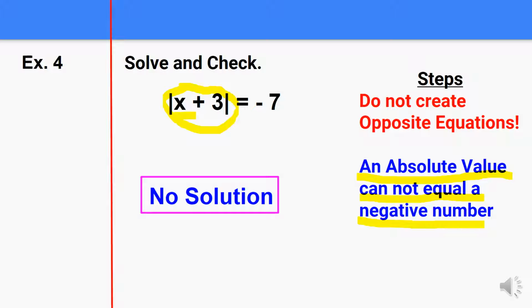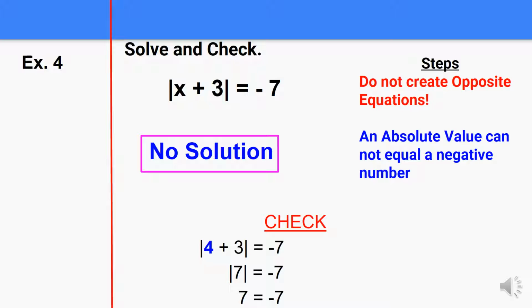Not sure? Don't believe me? Well, let's check. So maybe we try 4. Yeah, 4 plus 3 is 7, but absolute value of 7 is a positive 7 on the left. We're not getting a negative 7 that we wanted on the right. Okay, what about creating a negative inside that absolute value, like negative 10?